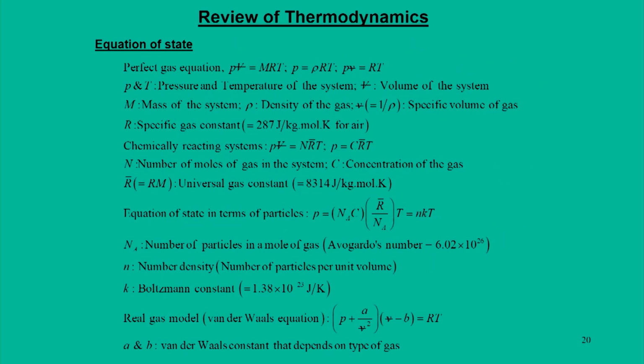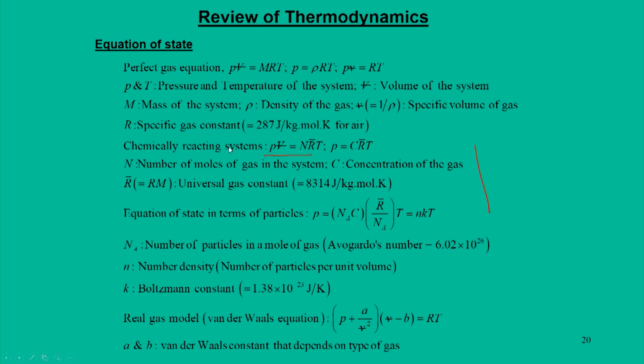Now, when you develop these equations, you all know the equation of a perfect gas, that is PV is equal to RT. And for chemical reacting systems, instead of the gas constant, we use the equations on a molar basis.